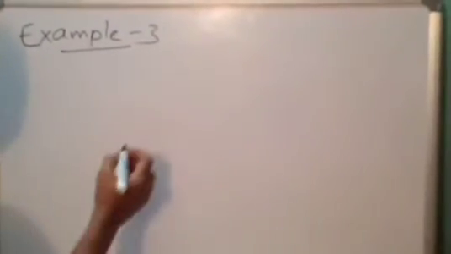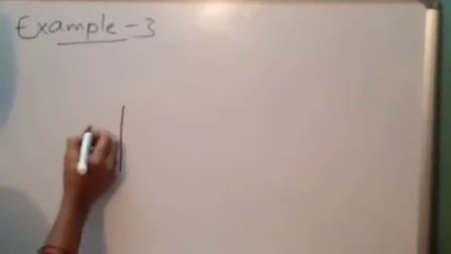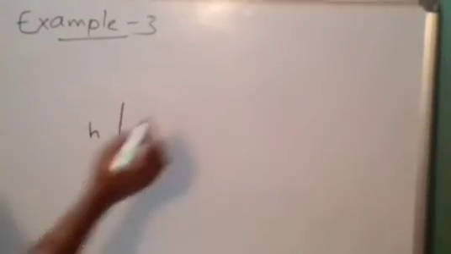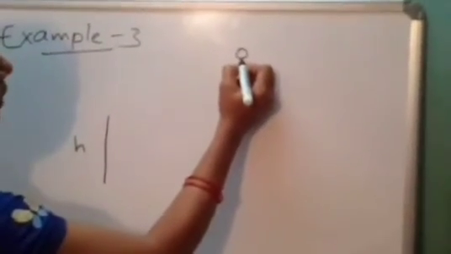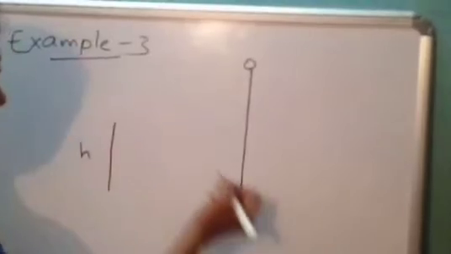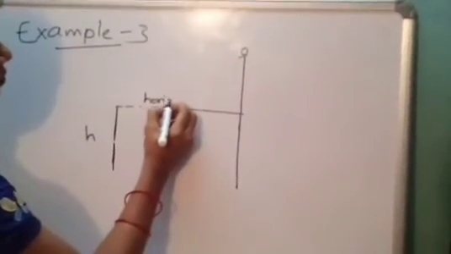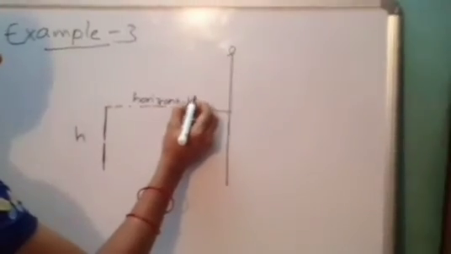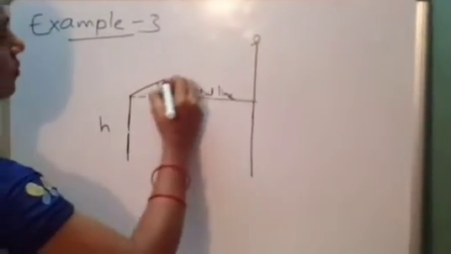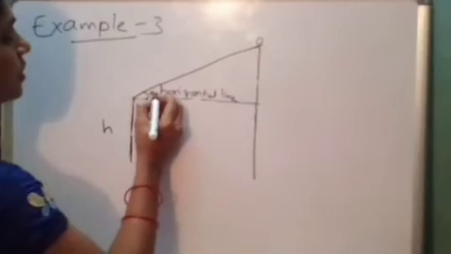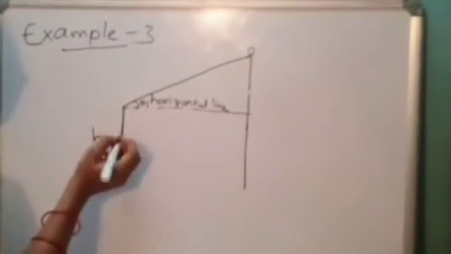First, height of the building is h. This is height of the building. This is the balloon in the air. This is horizontal line. Theta 1 is angle of elevation.